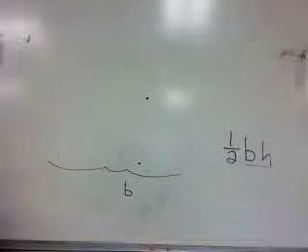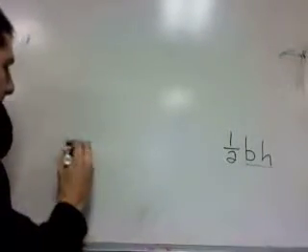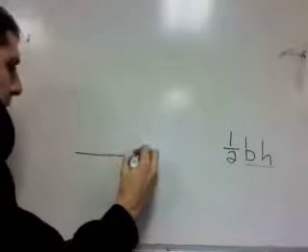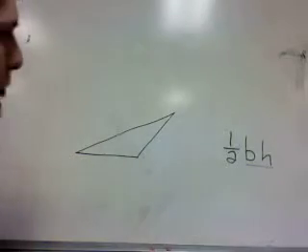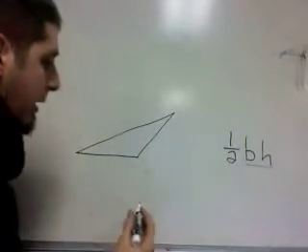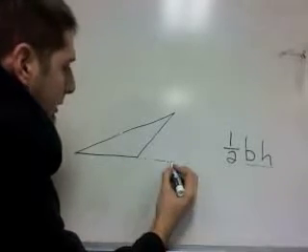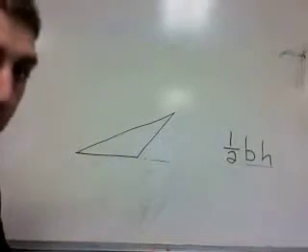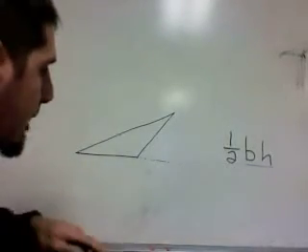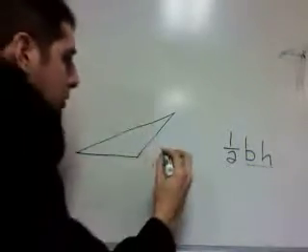Now some triangles you want to be careful of when you're finding height, because some triangles are shaped a little oddly. You might see something that looks like this. Okay, now this is a triangle. If you want to find the height, what you actually have to do is extend an imaginary line out here so that you can find the height. Because like we said, the height is the perpendicular distance from the bottom to the top. And perpendicular means it is completely straight.